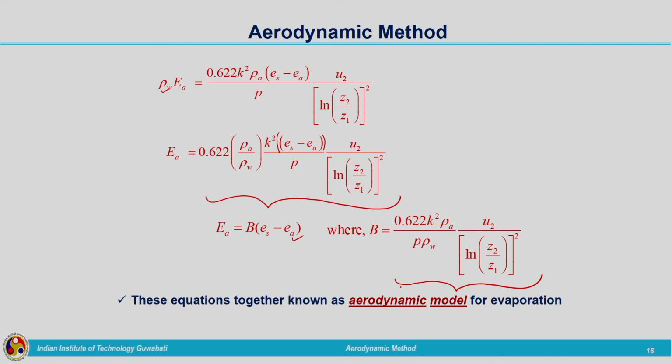So, based on the aerodynamic method, what have we considered? We have considered the specific humidity and the wind velocity gradient, and we have written the mass flux and the momentum flux. Mass flux and momentum flux expressions for the transport process which we have considered is convection.